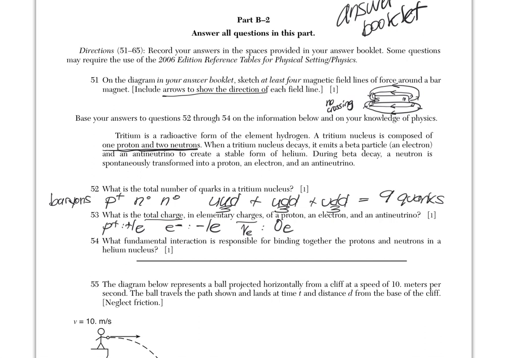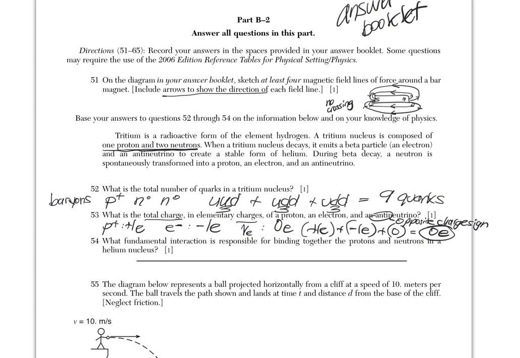Anti means opposite charge sign, but the opposite of neutral is neutral. So we have plus 1e and negative 1e, and 0 gets me 0 elementary charges. There is no charge altogether. So the combined charge of a proton, electron, and antineutrino is nothing, because while the proton and the electron are charged, one's positive, one's negative, they cancel each other out.